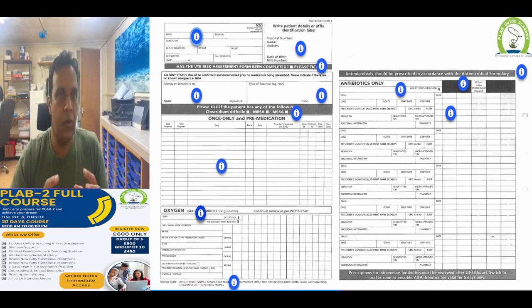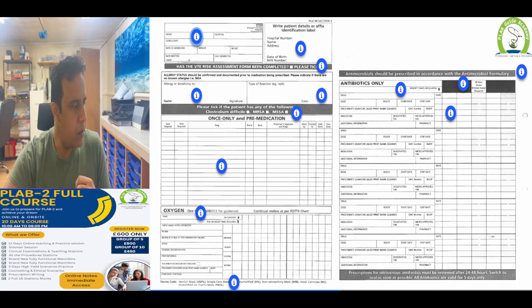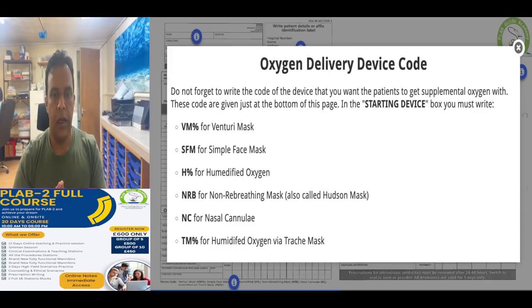So any patient who does not have the COPD, the oxygen level required is above 94, and those who have the COPD, we aim to keep it between 88 and 92. So that is important. And if you see just at the bottom, there are the device codes. So device codes you can see on here, VM% for the venturi mask.